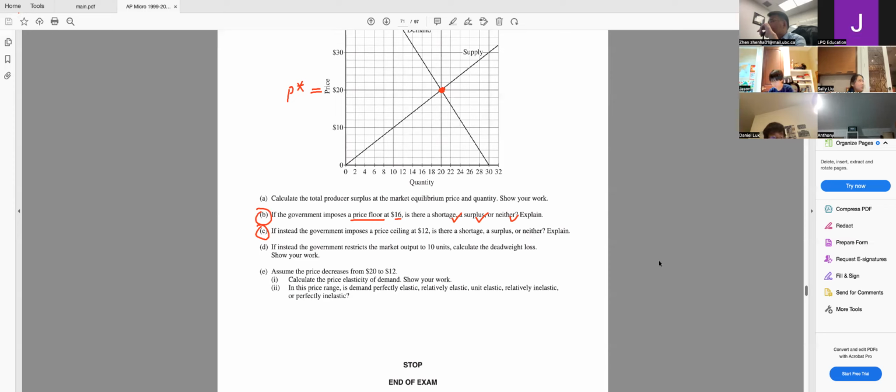Sorry, not question 3, question C. Is the policy binding or non-binding? Question C, binding or non-binding?